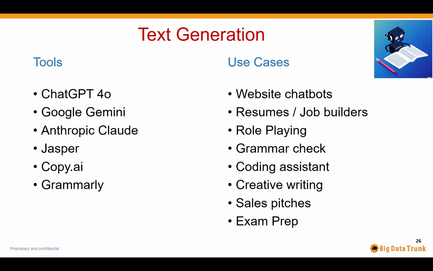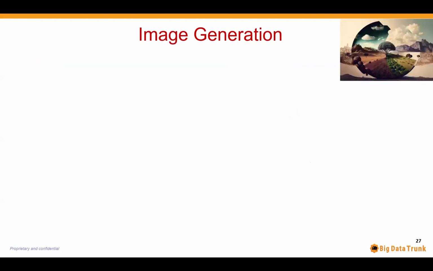Build me a sales pitch for so and so kind of a product. Help me with this exam prep, generate multiple choice questions, or build me small essays based on these questions. So the use cases are massive. It's just our understanding and probably our creativity that limit how well we can make use of these generative AI tools.